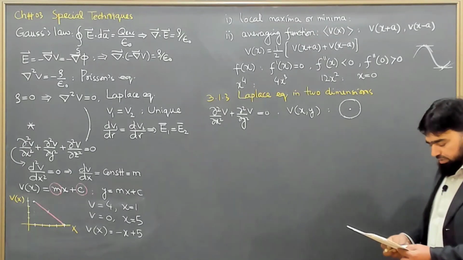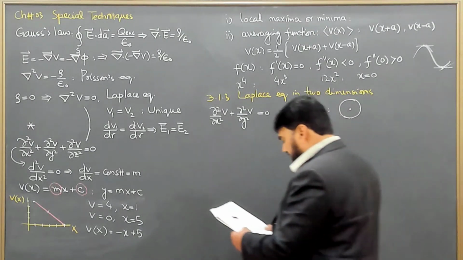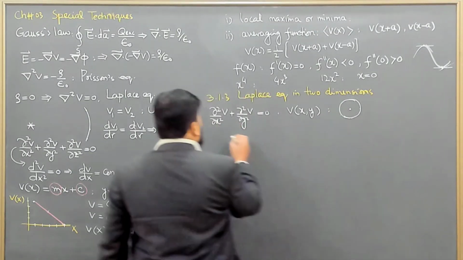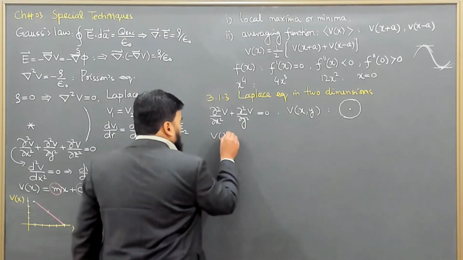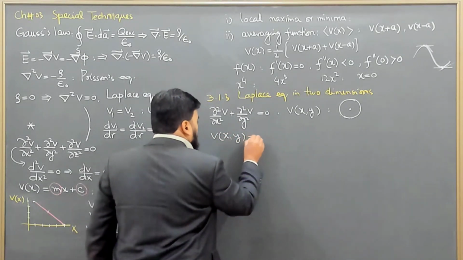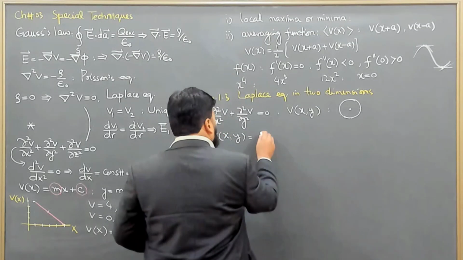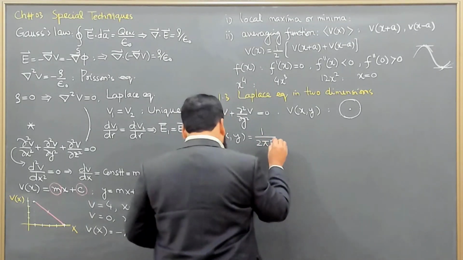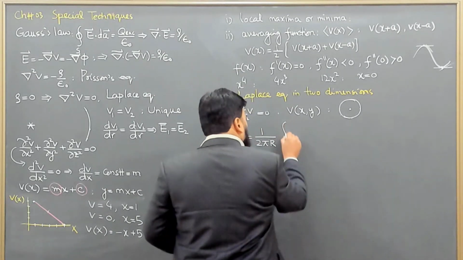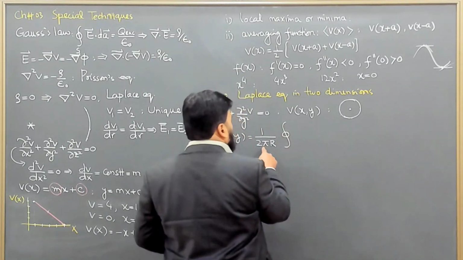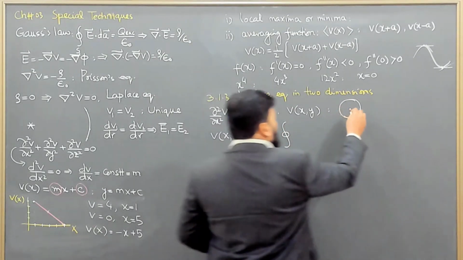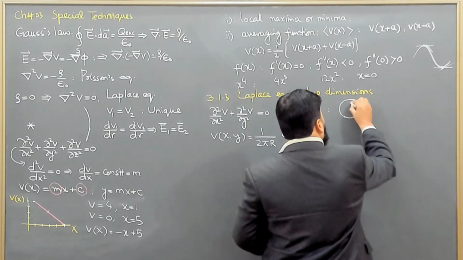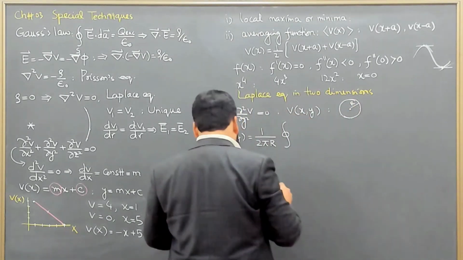So we will have V(x,y) equals 1 over 2πr times the integral around a circle of V dl, where this is basically the circumference of the circle and the radius is r.